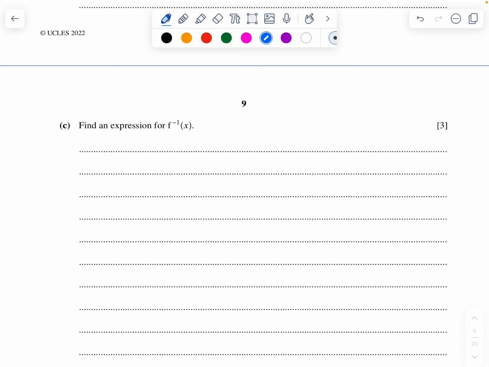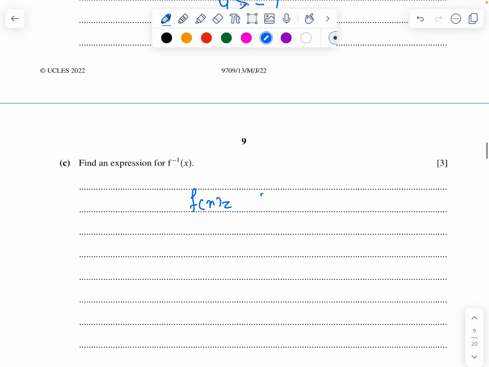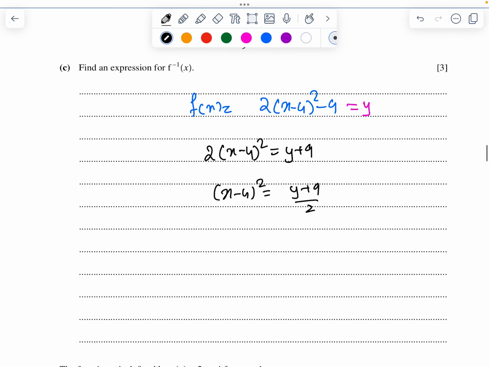Hence find the expression for f inverse of x. So f of x equals 2 times x minus 4 whole squared minus 9, which equals y. Then 2 bracket x minus 4 whole squared equals y plus 9. x minus 4 whole squared equals y plus 9 by 2. x minus 4 equals plus minus square root of y plus 9 by 2. x equals 4 plus minus square root of y plus 9 divided by 2.